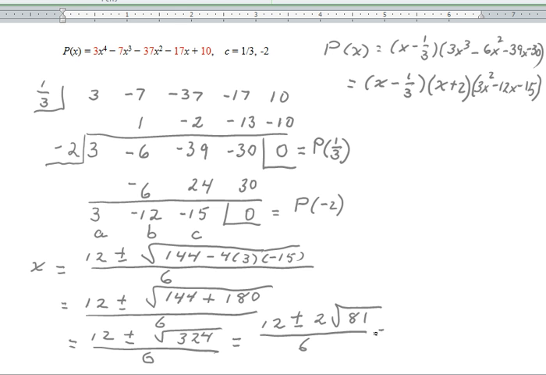So the square root of 4 times the square root of 81 is going to be 2 times 9, or 18. So 12 plus or minus 18 over 6. This gives us the additional zeros: 30 over 6 and negative 6 over 6. These reduce to 5 and negative 1.